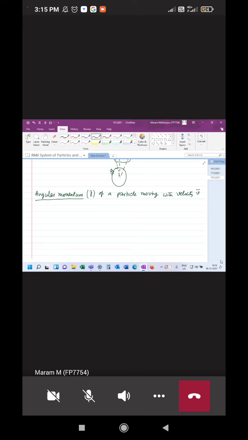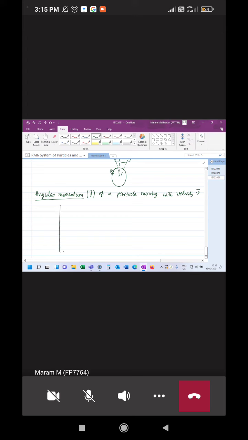All angular variables, first you define for a single particle, and then you extend it to the body. That is the general idea. So here also we do the same thing. Angular momentum you define first for a particle, a small mass which has mass but negligible size. So you define it like this.